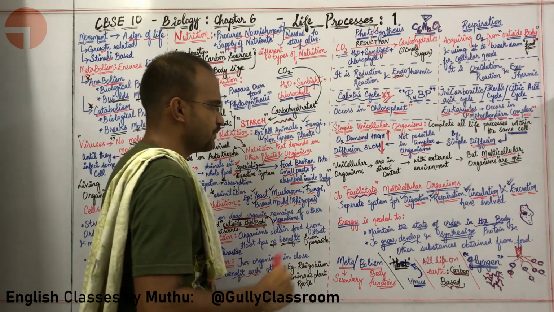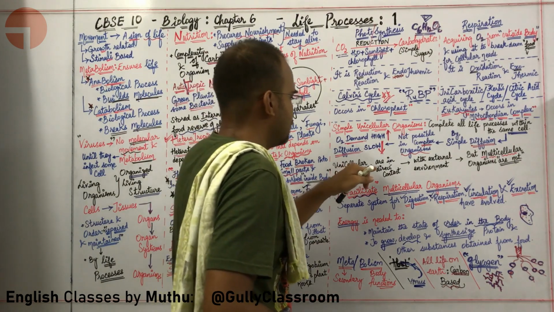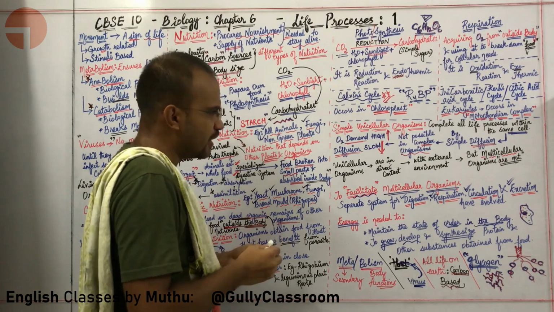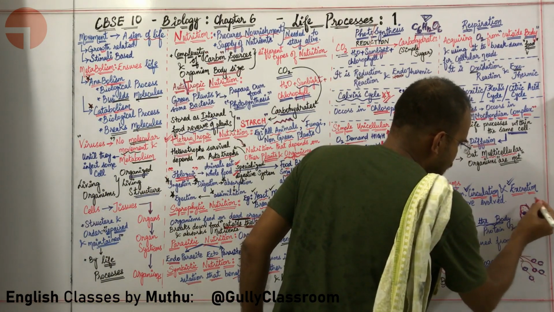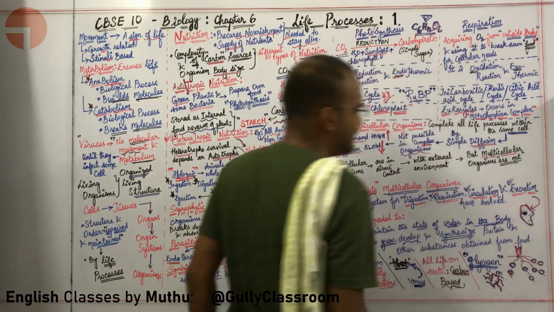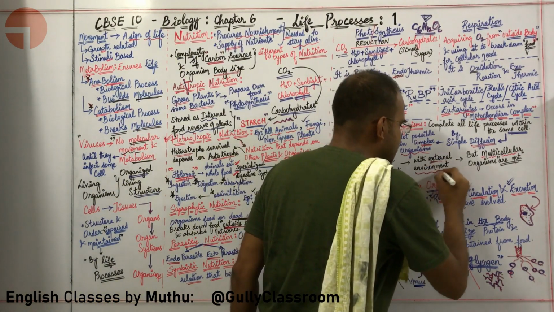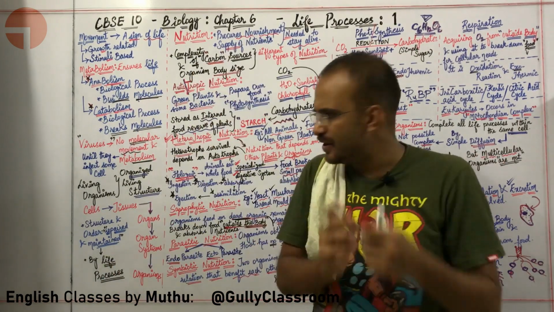Okay, sir. In unicellular organisms, the organism itself is in direct contact with the air. Let us say this is the unicellular organism. It is in direct contact with the external environment. But multicellular organisms are very complex.